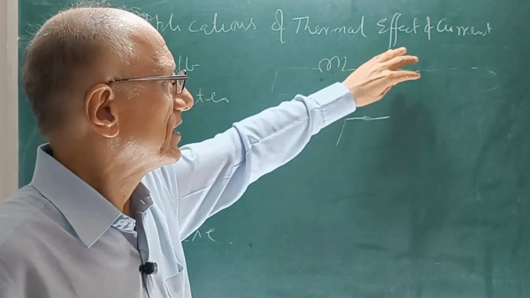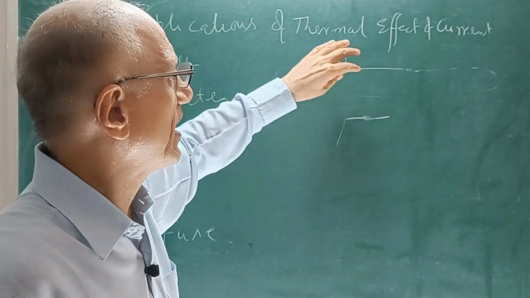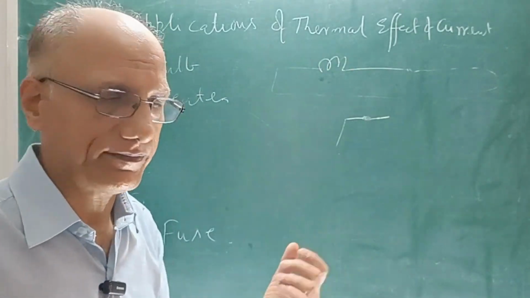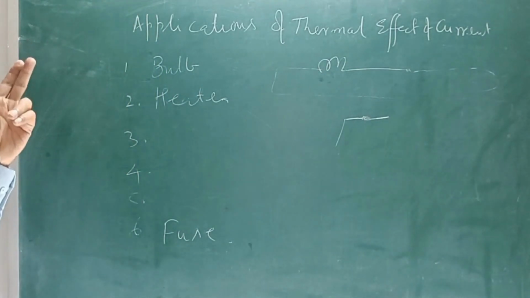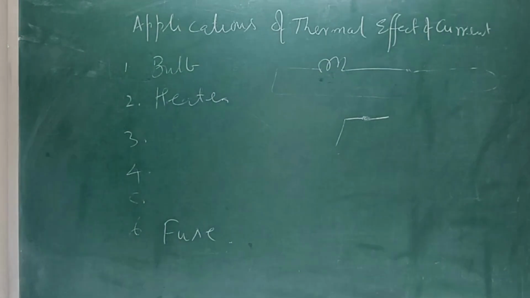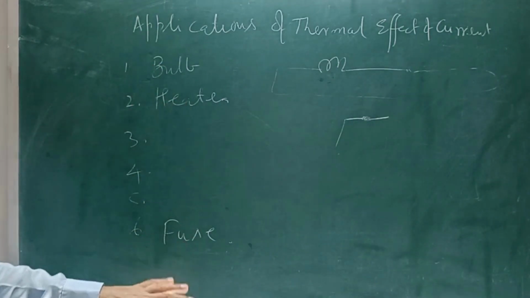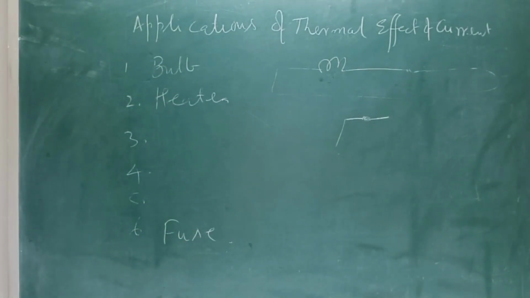So that's why the lines do not get heated and the bulb gets very hot and converts this heat into light. So other things you can also read and go through.